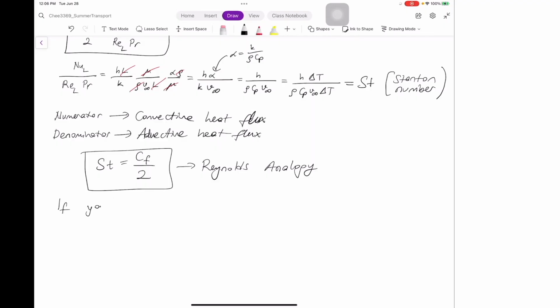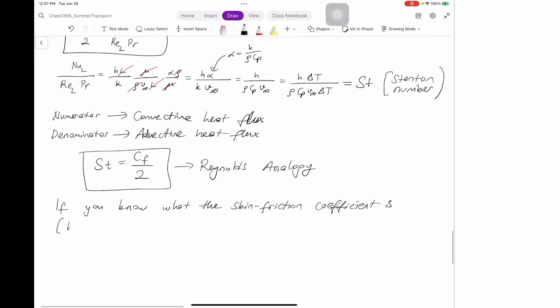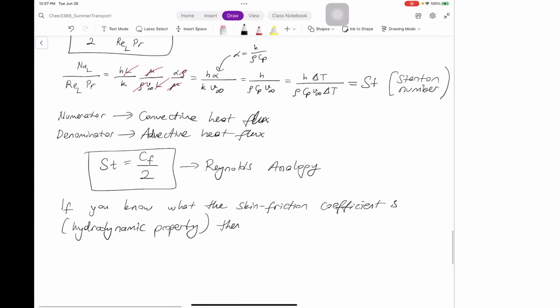If you know what the skin friction coefficient is, or in other words, the hydrodynamic property, then you can calculate what the heat transfer coefficient is.